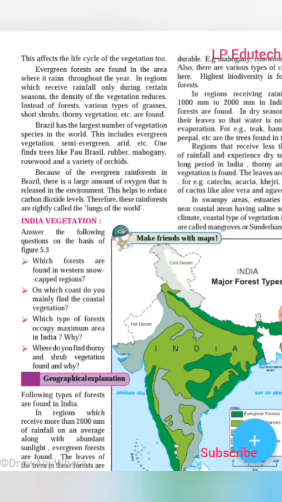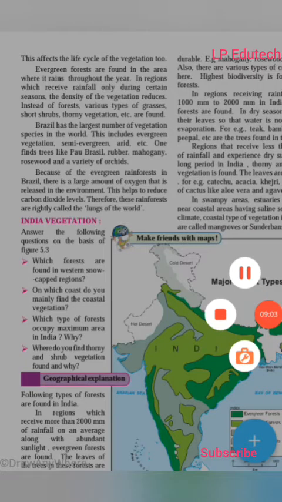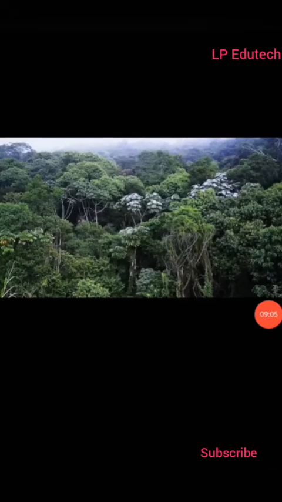Instead of forest, various types of grasses, shrubs, and thorny vegetation are found here.